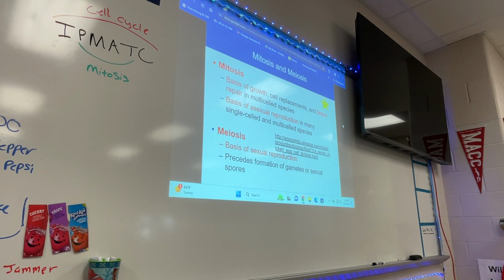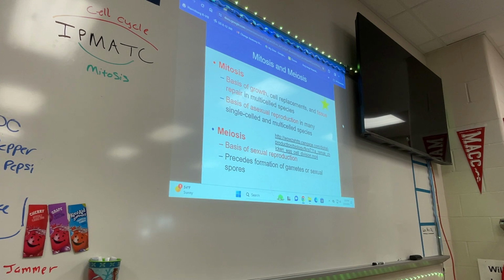The way it fills that gap is by making new cells to put in that space, dividing the cells nearby, and those dividing cells are going to fill in that hole. Mitosis is also the basis of asexual reproduction. If an organism is a single-celled creature and it wants to reproduce, it just divides in half and boom, it's made a copy of itself and it's reproduced.